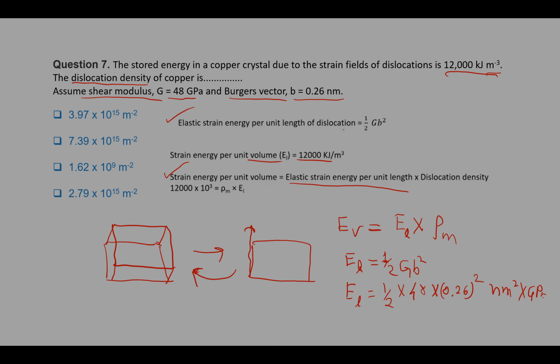So we have to convert this value into meter cube and put it into this formula. The energy per unit volume is already given in kilojoule per meter cube. For that we have to convert it into 12,000 into 10 to the power 3 joule per meter cube, and that's how we can calculate the rho m, the dislocation density of copper.